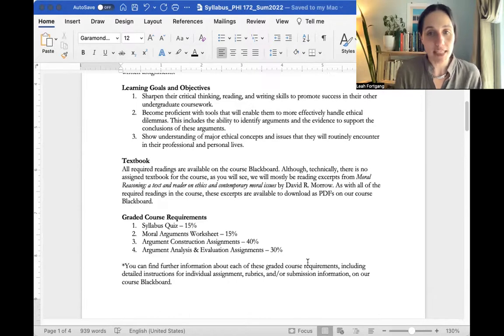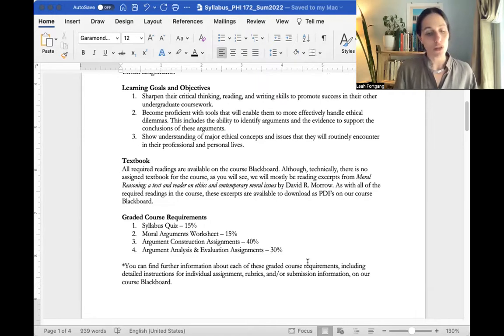So with respect to the textbook, you don't have to buy anything for this course. There is a textbook, as you'll see, that we'll be using a lot in this class. The textbook is Moral Reasoning by David Moreau.